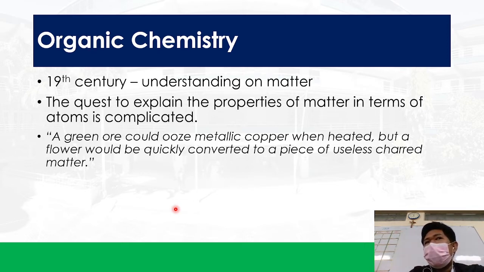Let's have this quote: a green ore could ooze metallic copper when heated, but a flower would be quickly converted to a piece of useless charred matter. They had a hard time understanding the products of chemical reactions when you burn, for example, an organic matter.